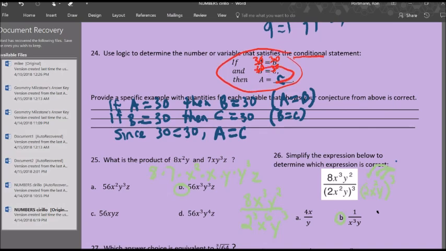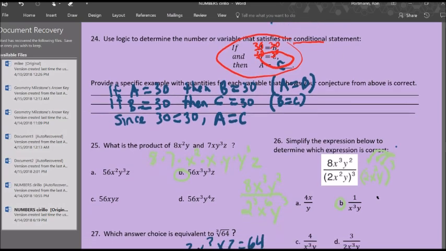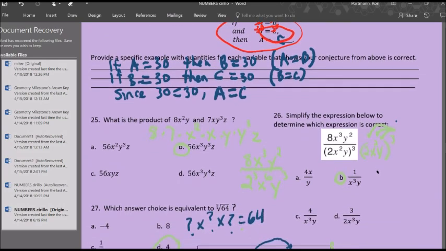That's the whole thing it's asking you, is if A is B and B is C, then A is C. If we put 30s in there, it's going to satisfy that statement. So I just thought it was important because of the logic that we use there. All right, not necessarily an 8th grade concept, but number 25. We've been answering questions like that since October. You got to rearrange this sentence right here.